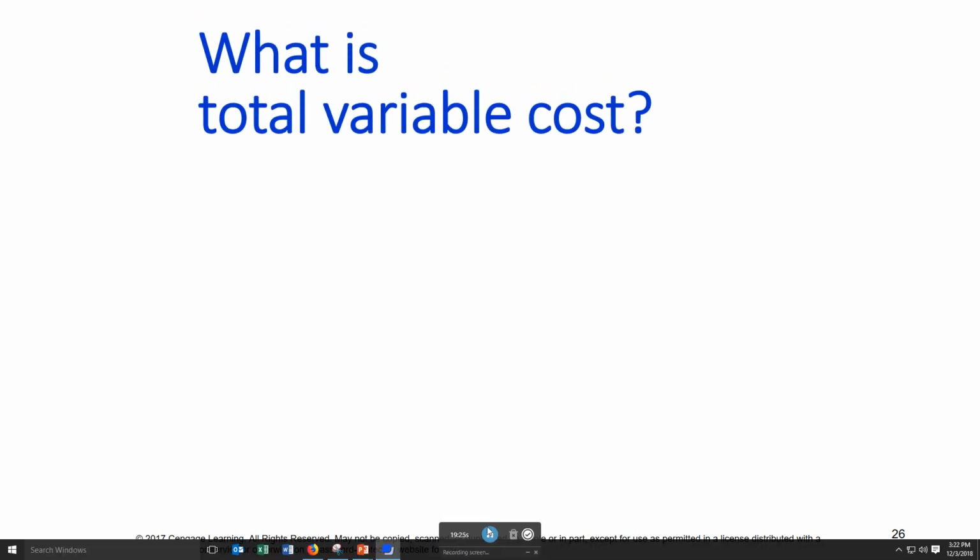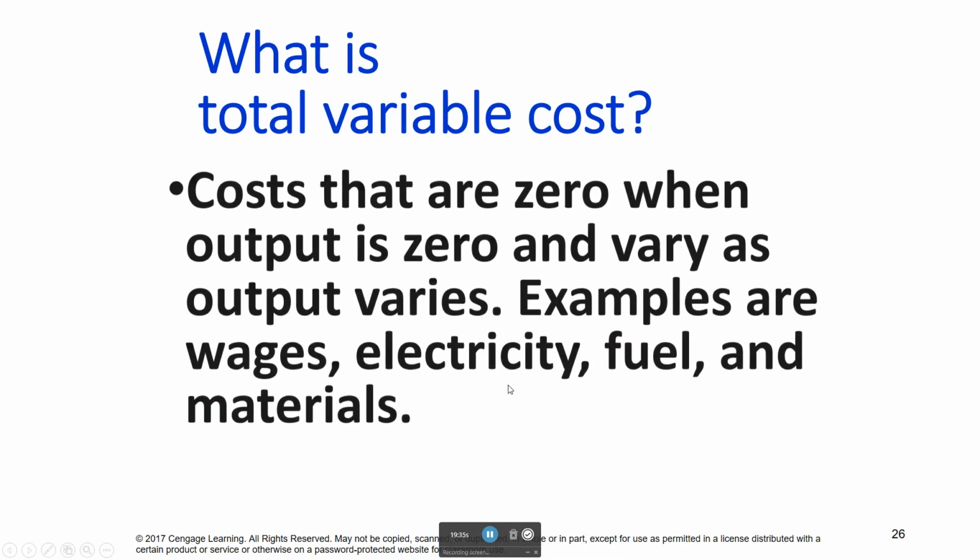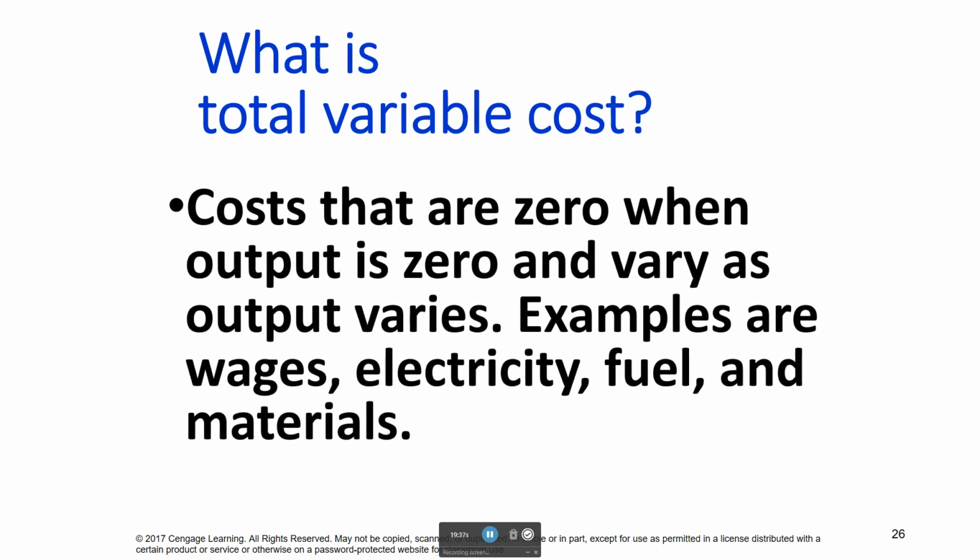The next thing, just like variable inputs, we have variable costs. Variable costs are costs that do vary as output increases or varies. They are 0 when output is 0. So let's say this business I have is a pizza restaurant. I'm paying $1,000 a month in fixed cost for the next year because I have a 1-year lease on the building. If I produce no pizzas, how much electricity and how much labor am I going to use? 0.